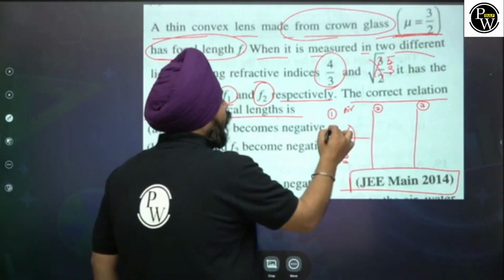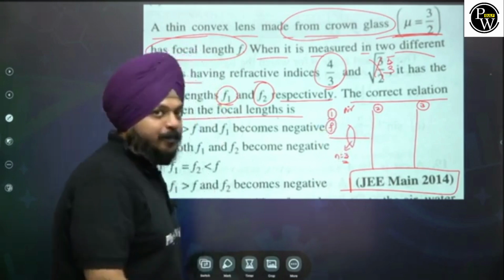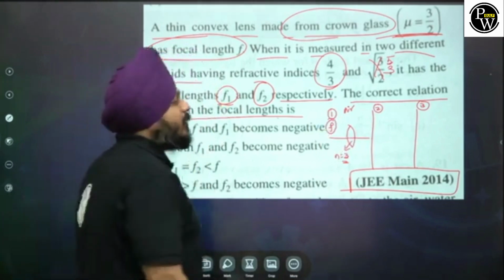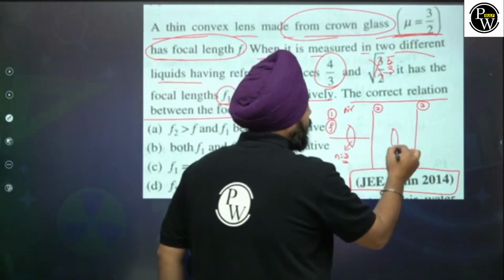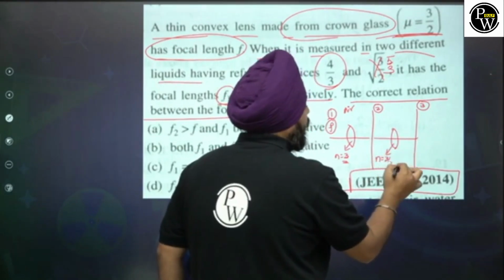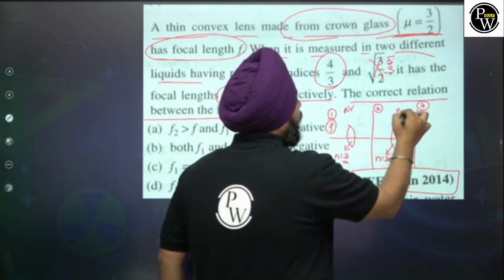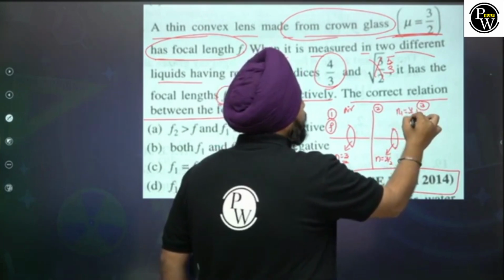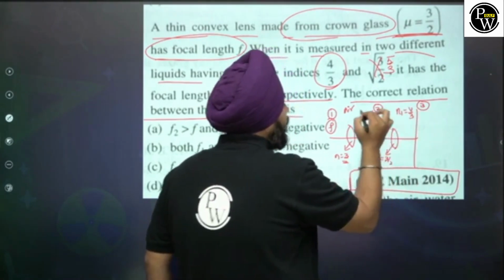In this case, the focal length is f. When this lens is immersed in the first fluid, whose refractive index is 4/3, the focal length is f1.